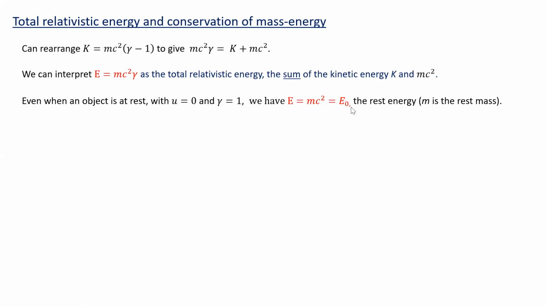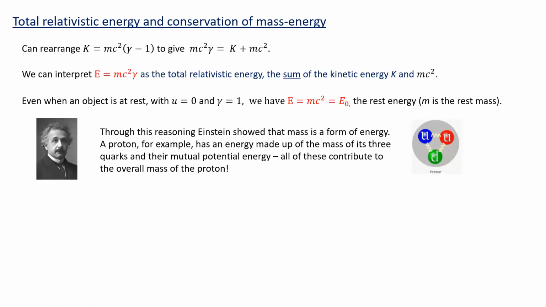Here we call it E naught to indicate the velocity is 0, and that's called the rest energy. And m is called the rest mass. So through this reasoning, that a particle has energy even when it's not moving, Einstein showed that mass is a form of energy and vice versa.